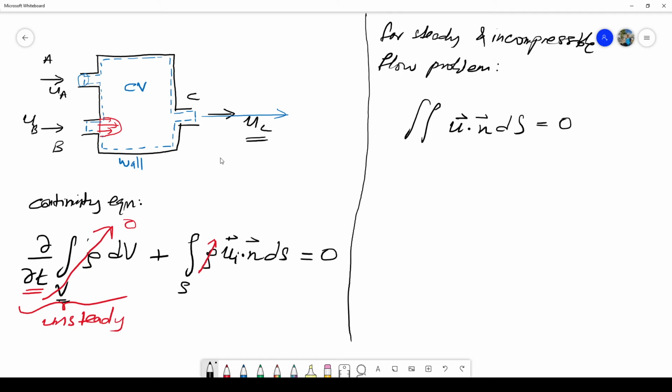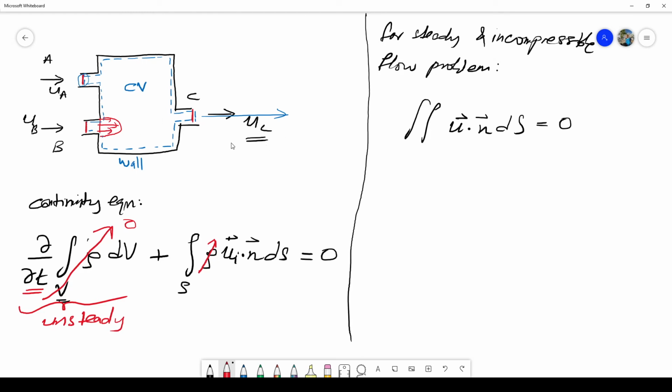So if we look at the diagram again, we have surfaces. We can define the first surface, where we have the inlet at A. The second surface is where we have the inflow area at B, and then the third surface is where the flow leaves the container.